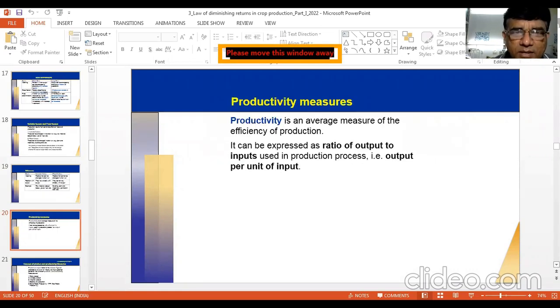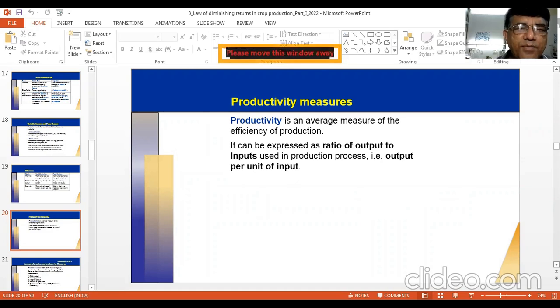Now, the last part of this lecture is productivity measures. How to measure the productivity of the produce? Productivity is an average measure of the efficiency of production, meaning output by input. It can be expressed as a ratio of output to input used in the production process.